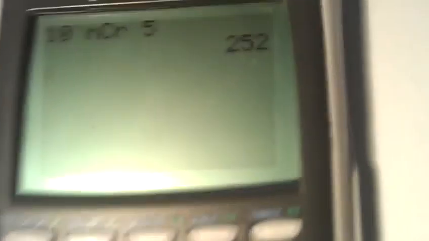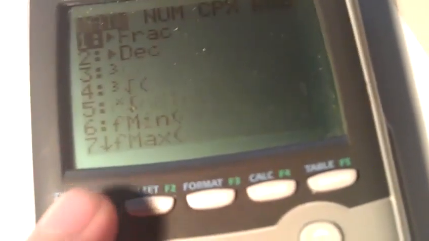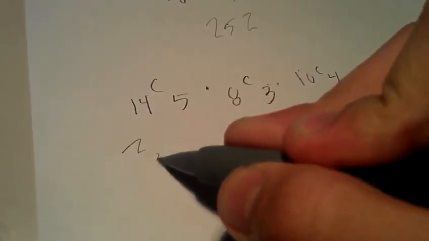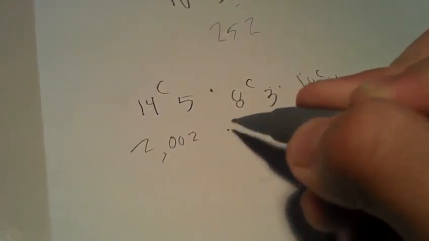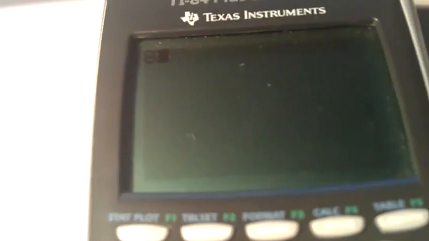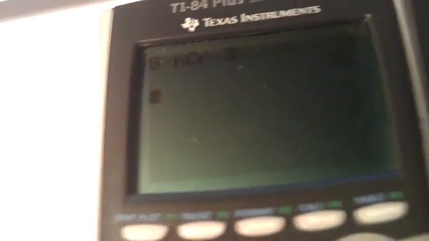So now you just do the nCr, and we'll use our calculators to make it faster. 14, 5, that's 2002. 8, 3 is 56.